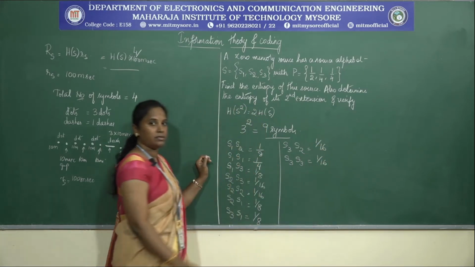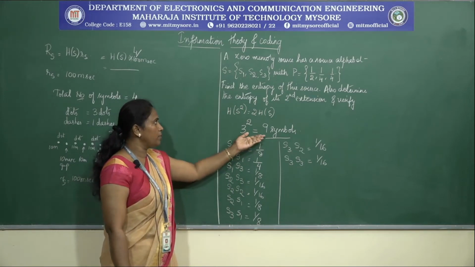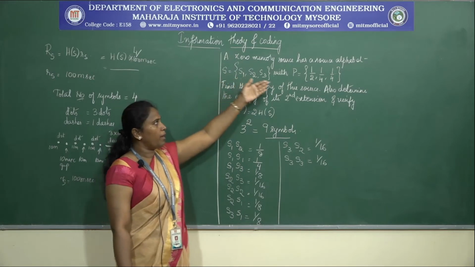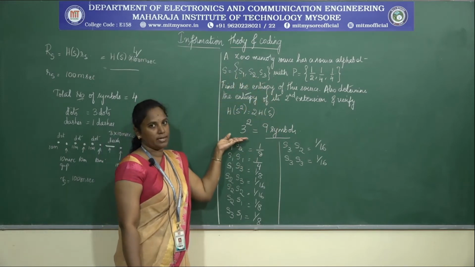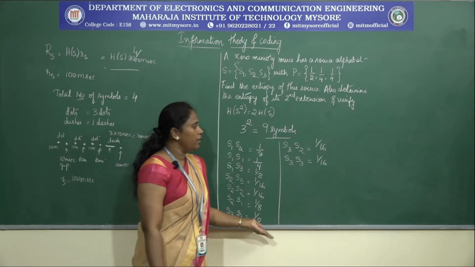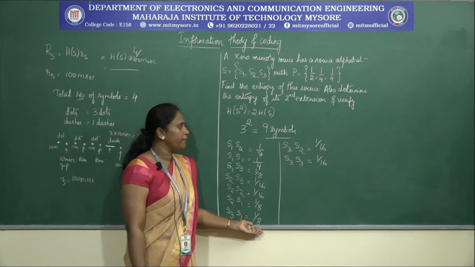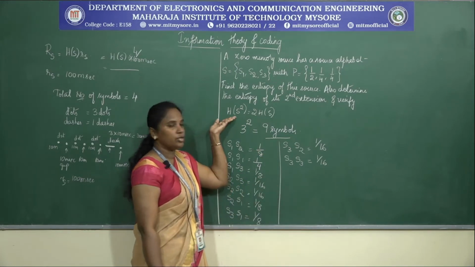So this is how you are going to predict all the 9 source symbols with respect to the probability which is given for the second extension. So once you know all the probabilities, all the source symbols as well as corresponding probabilities are defined, next we need to calculate your H of S square.